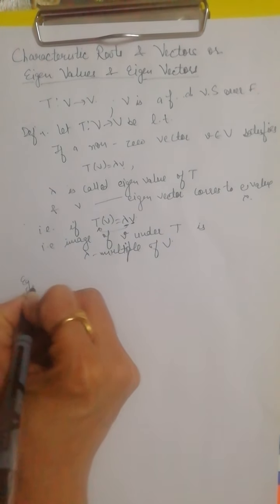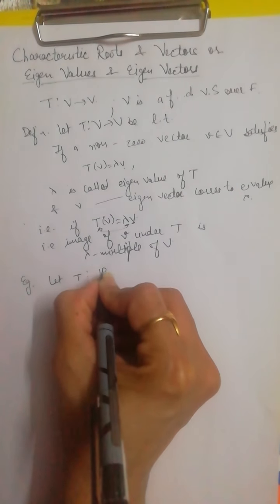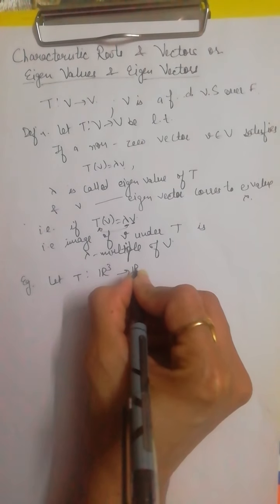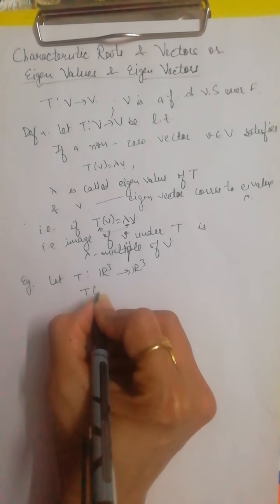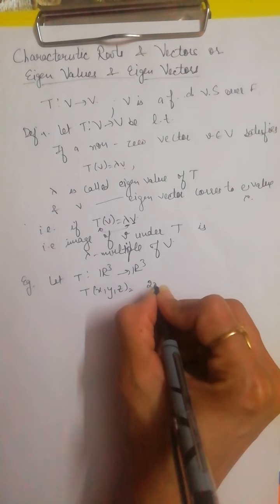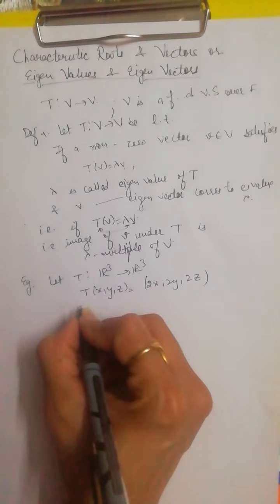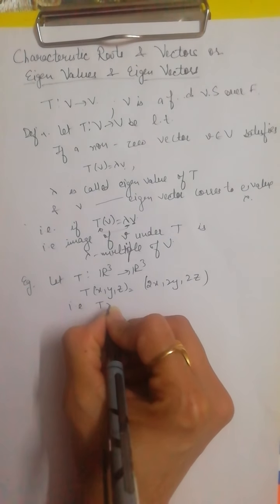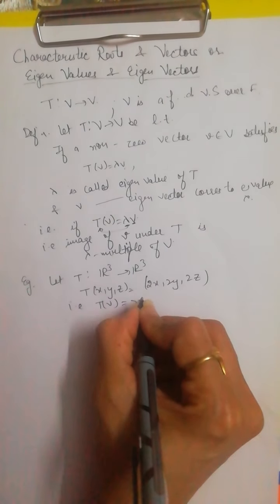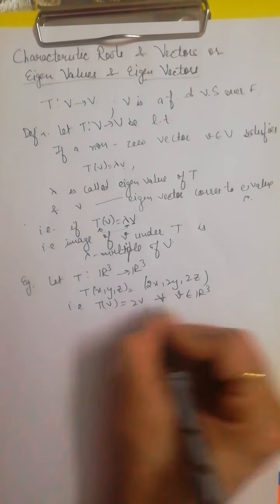For example, let T from R cube to R cube be defined as T of x, y, z is equal to 2x, 2y, 2z. That is, Tv is equal to 2v for all v belonging to R3.